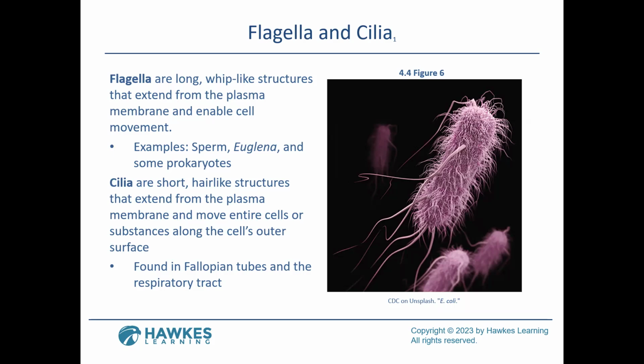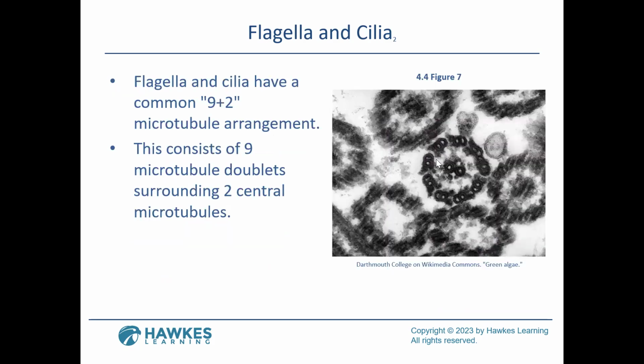So cilia are short hair-like structures that extend from the plasma membrane and move entire cells or substances along the cell's outer surface. They are found in the fallopian tubes and the respiratory tract. The flagella and the cilia have a common 9+2 microtubule arrangement.